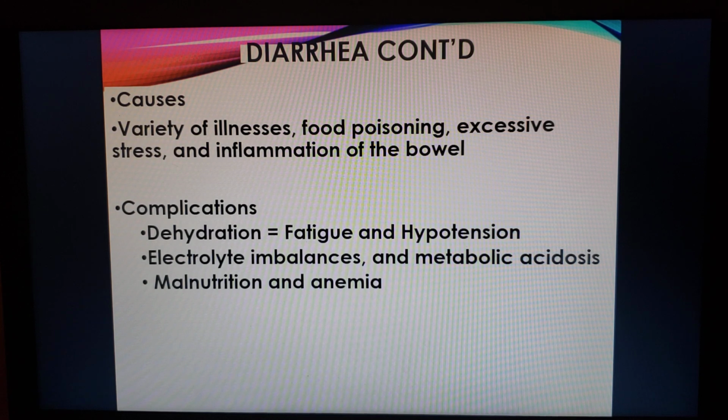They can go into metabolic acidosis. And what you're going to see is fatigue and hypotension in your patient. So when a patient has diarrhea and they become dehydrated, you will assess fatigue and hypotension. Of course, malnutrition and anemia can occur with long-term diarrhea.